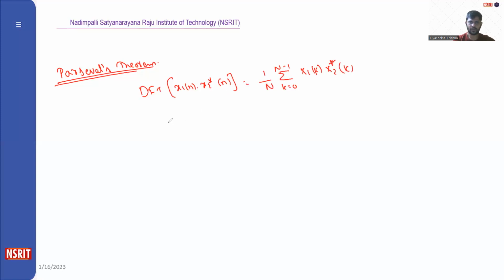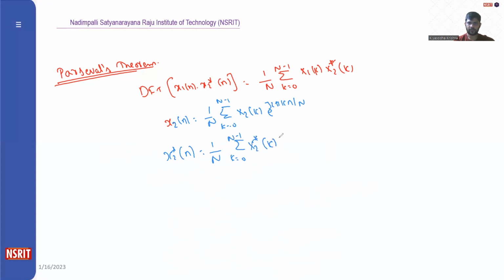Right. And we know that first we can take x2 of n, where x2 of n is nothing but simply 1 by n summation k equal to 0 to n minus 1 x2 of k e to the power of j 2 pi k n by n. Now I will get the x2 star of n. So again you take the x2 star of n, k equal to 0 to n minus 1 x2 star of k, and again it will be e to the power of minus j 2 pi k n by n. So on both sides we can apply the term.